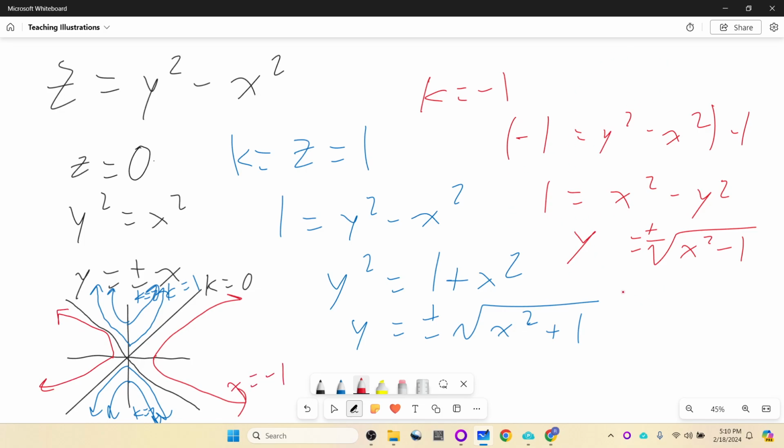Could have also done it like this. We could have solved it as x equals plus or minus the square root of y squared plus 1. And that would just be a reflection of what we had to begin with in blue.